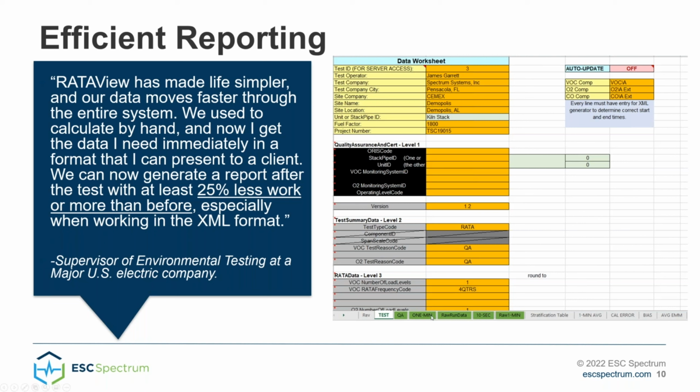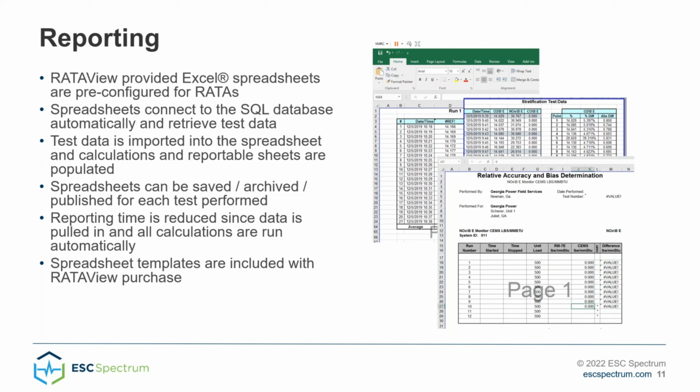So like I said, we provide you with a pre-configured spreadsheet. These are a few of the screenshots. Again, if you don't like them, you can customize them and make them do whatever you want, but these are the ones we use, and we will provide them to you with RATAView. They connect to the SQL database and retrieve the data automatically.